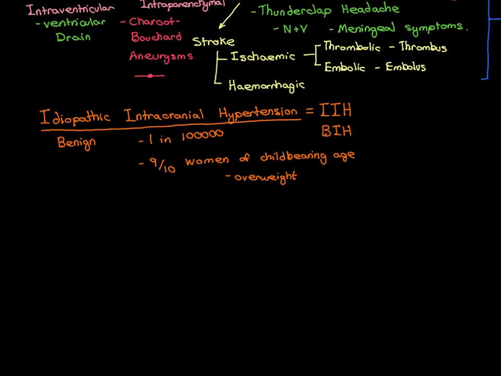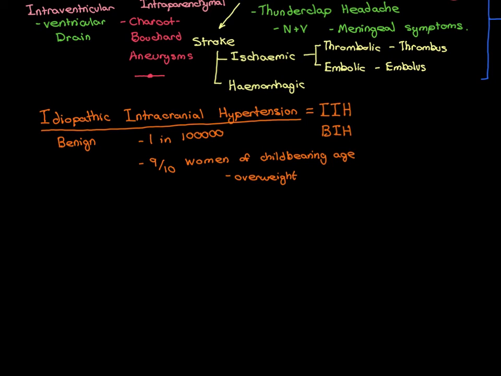However, in the other cases of idiopathic intracranial hypertension, generally what you can find is that they're on certain drugs. There are certain medications that can lead to idiopathic intracranial hypertension. And by the way, I can't give you the pathophysiology behind idiopathic intracranial hypertension. The whole point is that we don't understand why they have intracranial hypertension.